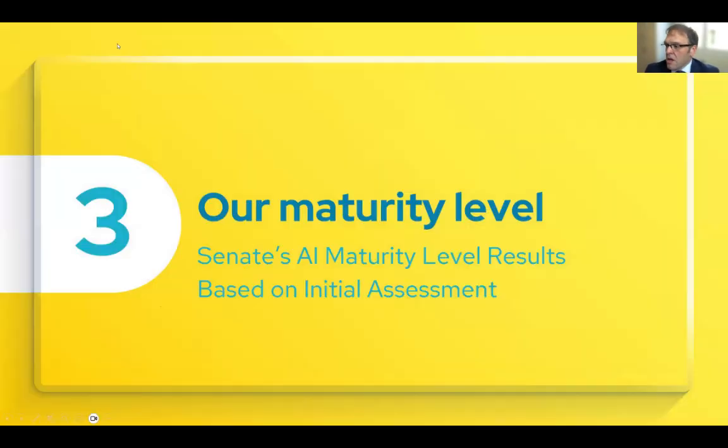So the third point of my presentation is, okay, here we have the framework. We are the Senate of Spain, and we want to apply it. So let's try to evaluate our maturity level according to the framework. This has been very useful for us, because we have identified our strengths, but also our gaps.